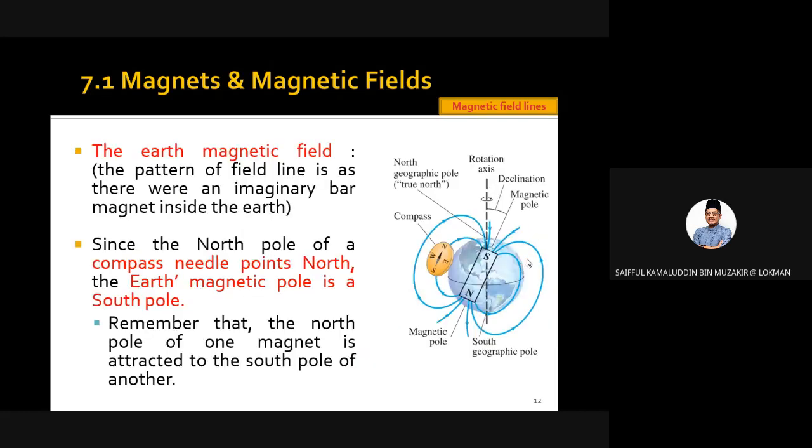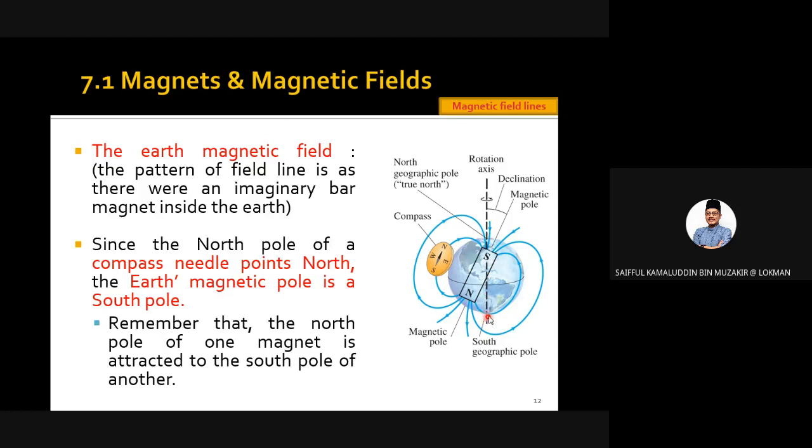Here it is. The Earth's magnetic field. Okay, the Earth's magnetic field. See this. This is the rotation axis. This is the north geographic pole. Geographic pole and magnetic pole, they are different. Do not get confused. Okay. So this is the north geographic pole, which is known as true north of the Earth.